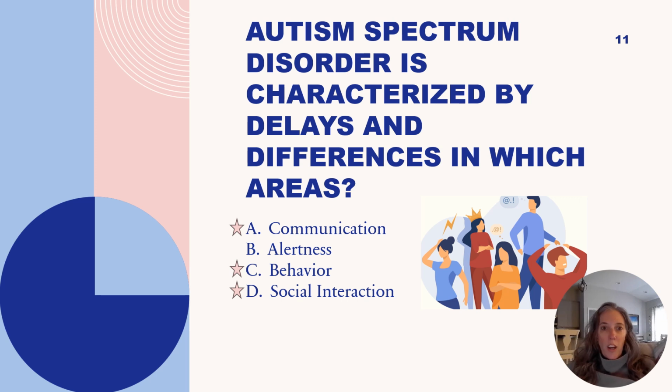The major characteristics of autism spectrum disorder include deficits in social communication, social interaction across contexts, and also restricted repetitive patterns of behavior, interest, or activities. So those are the 3 areas that ASD is characterized by.